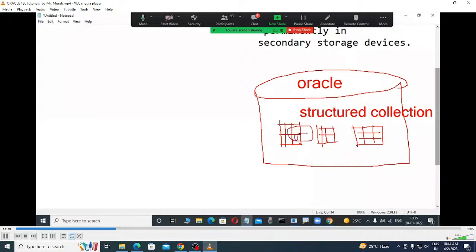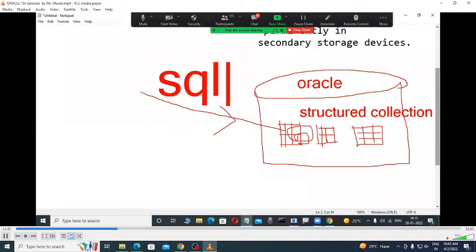Once a structured collection of data is there, to operate on this data some language is required. What is that language? Maybe anybody has an idea? SQL is a language, Structured Query Language. Through this language we operate on the structured data in relational databases.